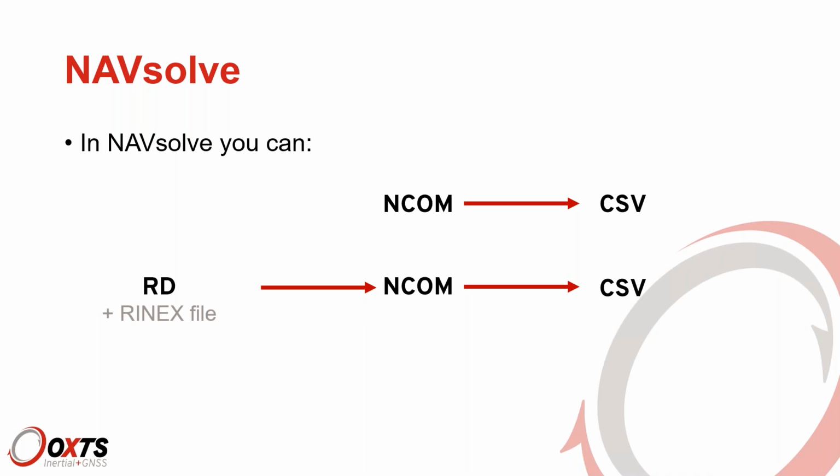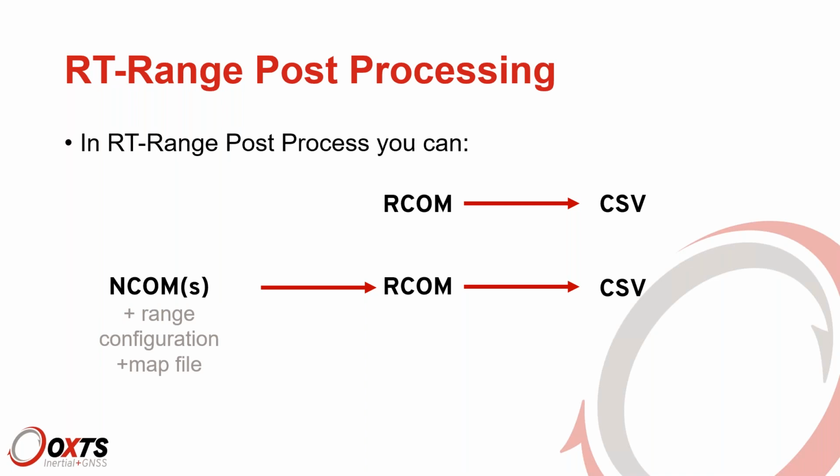This is a necessary step because when you come to generating your range measurements, you'll need the NCOM file generated for a hunter and any target vehicles you have. Now I'm just going to move on to what you can do with the RT Range post-processing tool.